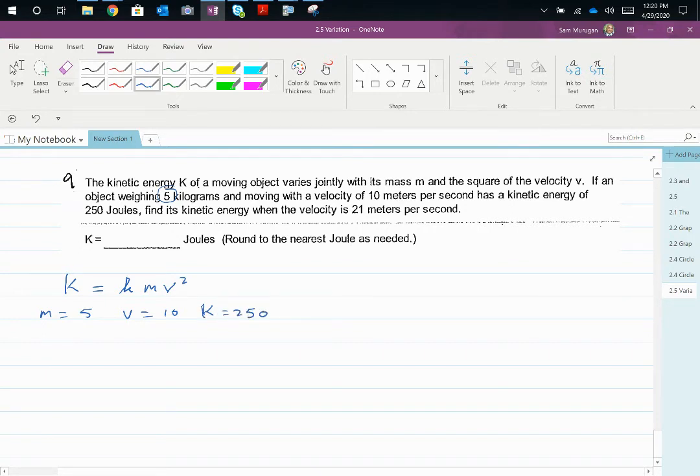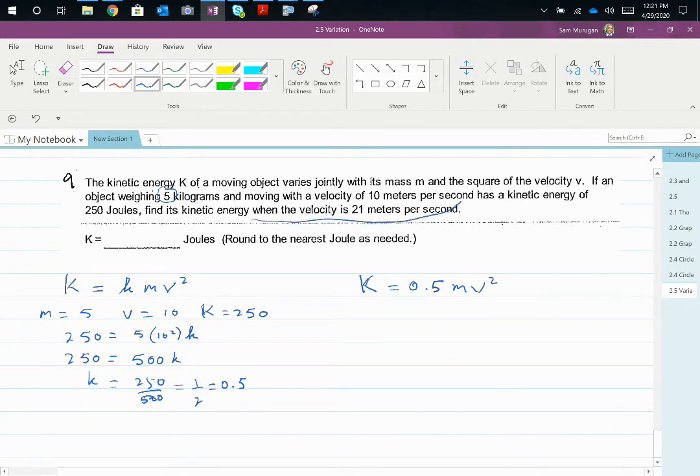So we substitute these 3 numbers to compute the constant of proportionality. We've got 250 is equal to 5 times 10 squared times k. So 250 is equal to 500 k. So k is equal to 250 divided by 500, or half, or 0.5. So our general formula is K equals 0.5 m v squared.